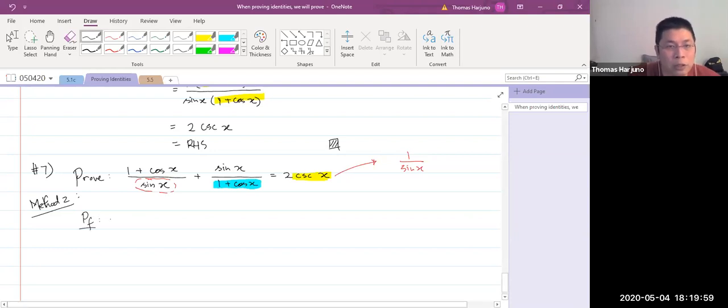Here's the situation. Let me write the left-hand side first. That's 1 plus cosine x over sine x plus sine x over 1 plus cosine x.